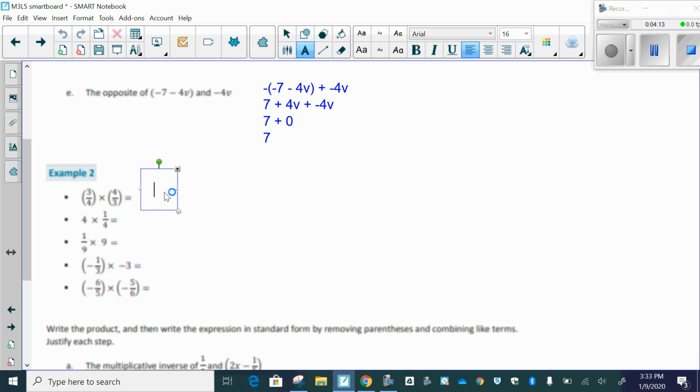But the answer is 1. 4 times 1/4 becomes 4 over 4, which is 1. 1/9 times 9 is 1/9 over 1 times 9 over 1. 9 over 9 is 1. Are you noticing a pattern? When you multiply by the reciprocal, the product is 1.